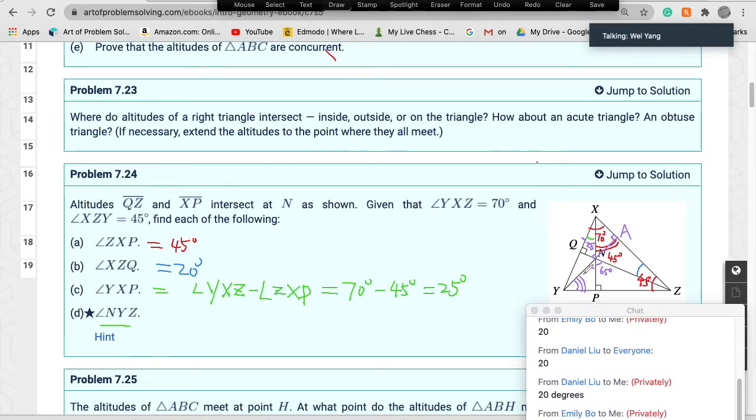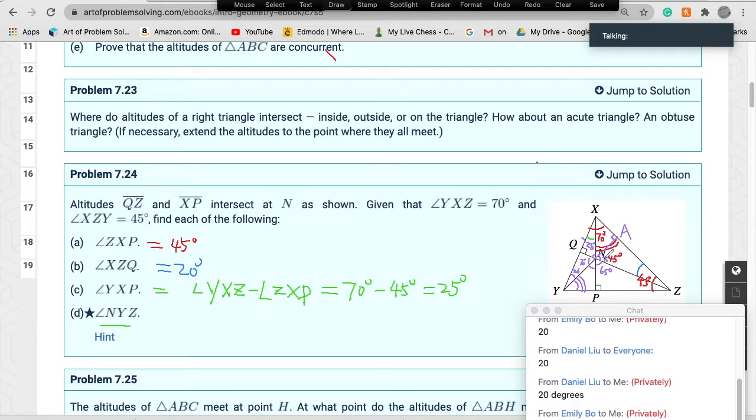So this is 70 degrees, which means this one will equal 20 degrees. This equals 20 degrees, which means this angle will equal 70 degrees. This is 70 degrees, this is 65, and this angle also equals 70 degrees.